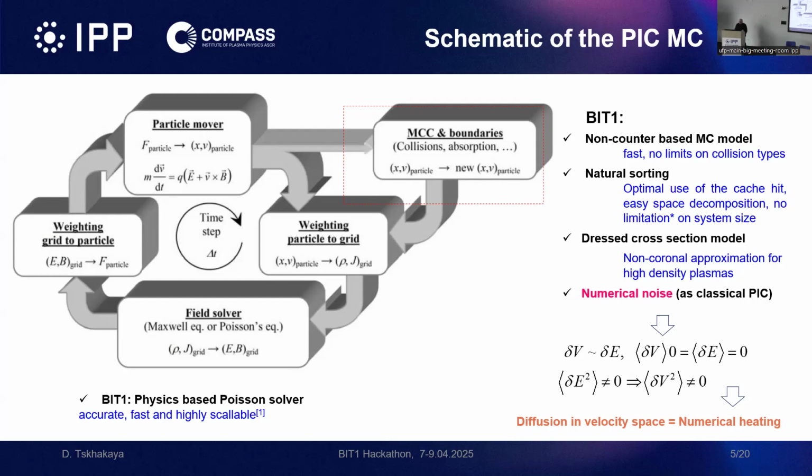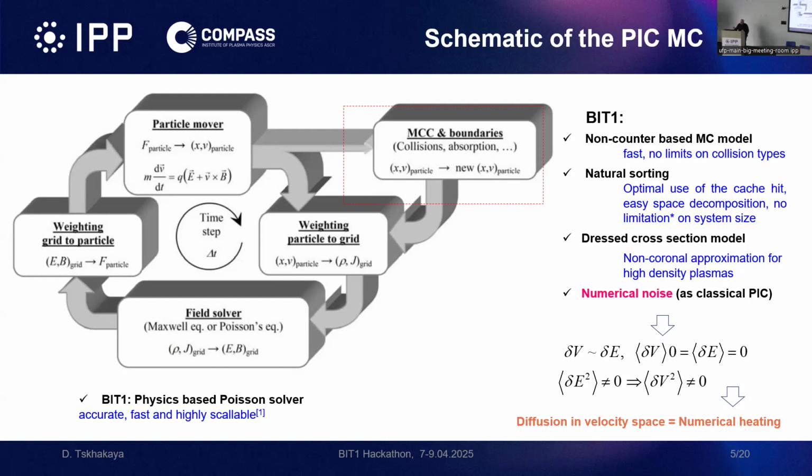It also has no limitation on system size. Maybe I will spend some time tomorrow on what that means. It has a cross-section model. I think it's the only kinetic code worldwide capable of a non-coronal approximation for high-density plasmas. And in fusion plasma, at least for next-generation machines, we will have extremely high-density plasma, 10^21, 10^22, and this has to be taken into account.